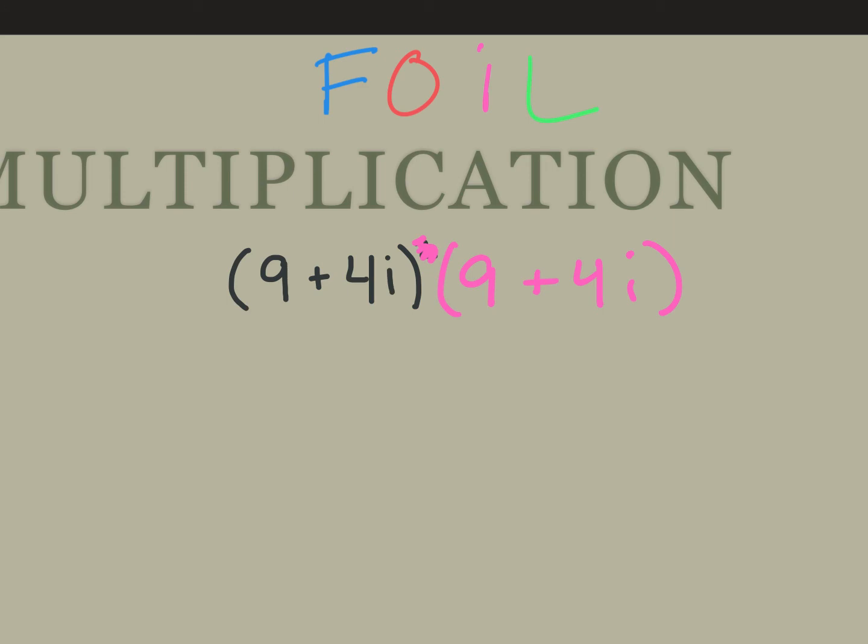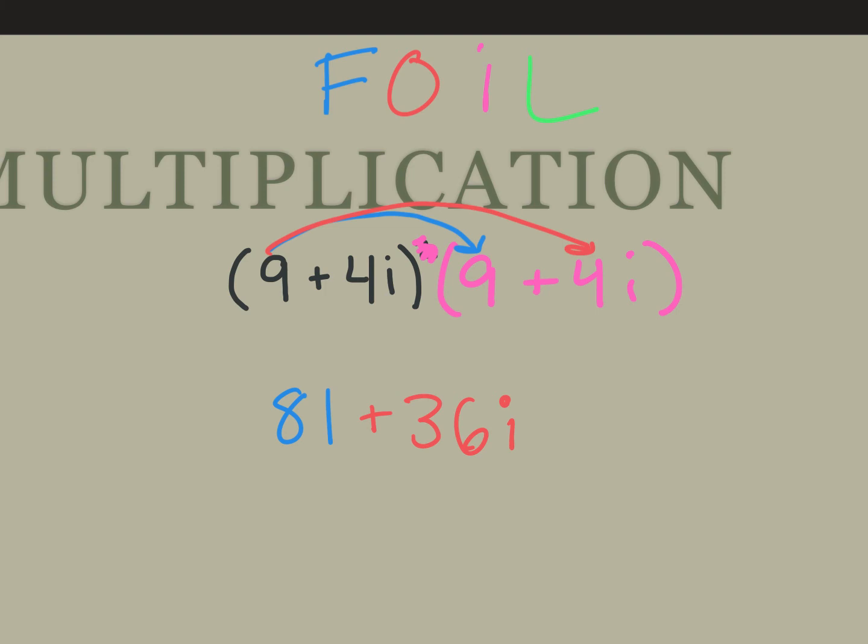So what are my first terms that I'm multiplying here? 9 times 9. So the first one in each parentheses. What's 9 times 9? 81. Then I multiply the outer. So what are the outer terms I multiply here? 9 times 4i. What's 9 times 4i? 36i. Then I have the inner.